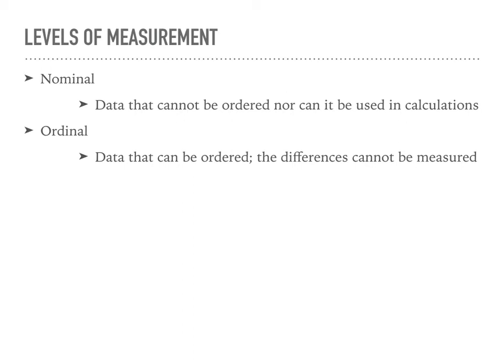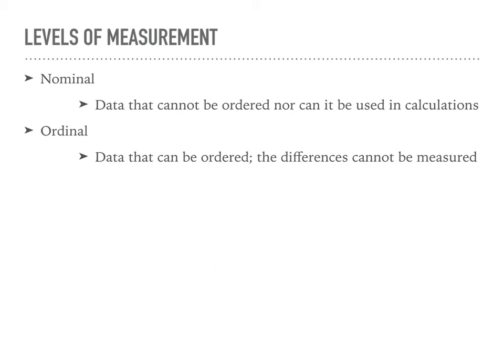An example of nominal could be color of football uniform, its categories, and there's no order to it. You can't say one is better than another. An example of ordinal data could be your class standing.